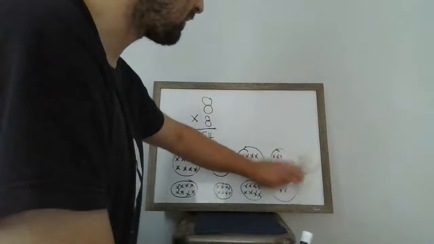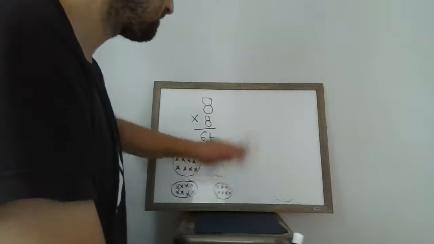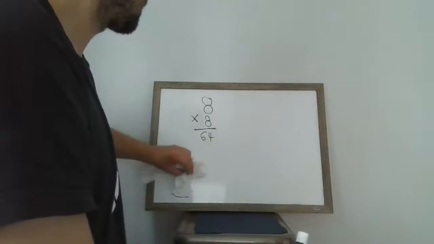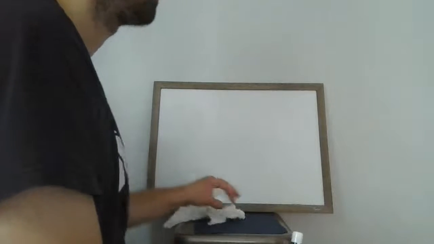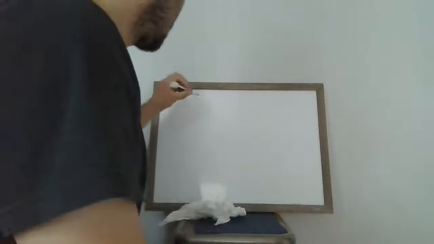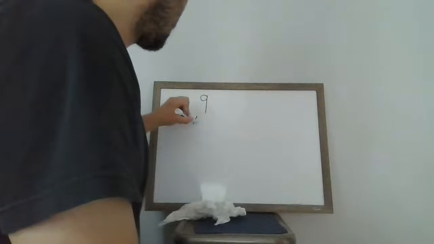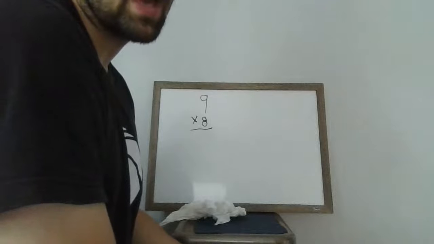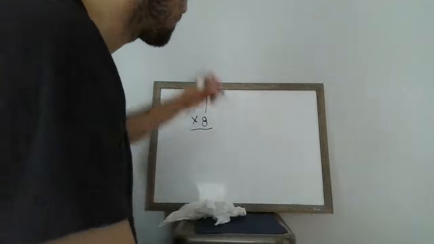All right, 2 more problems, and then we are done with this live stream. So 9 times 8, that means that we have 9 groups of 8, and that we're adding the number 8 9 times.